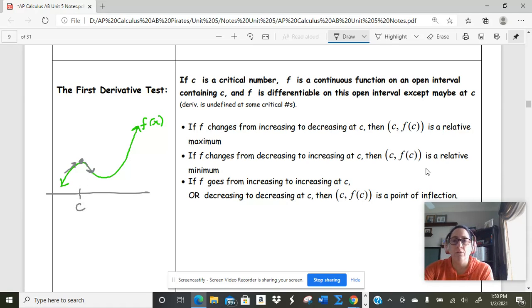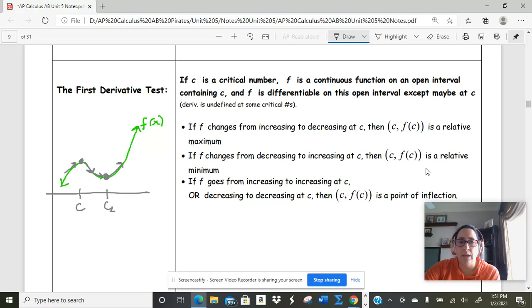That x value is going to be a relative max. If I change from decreasing to increasing, then what is this x value? That x value is a relative min.